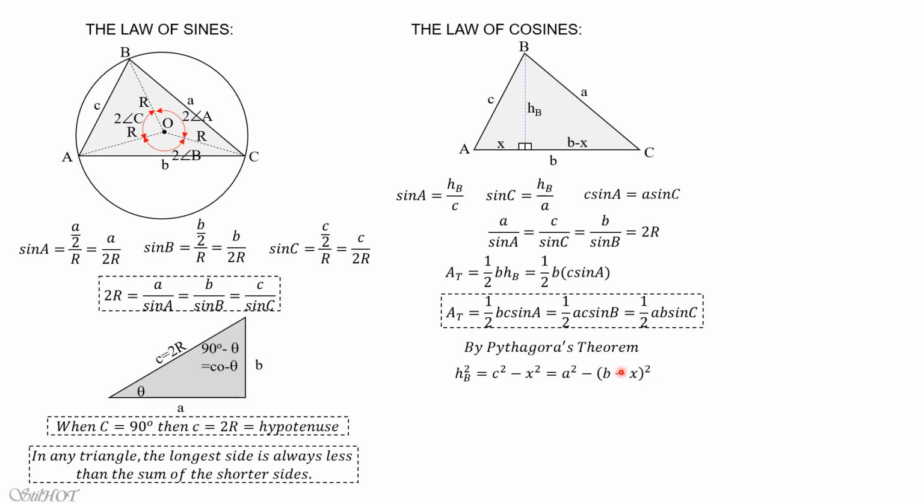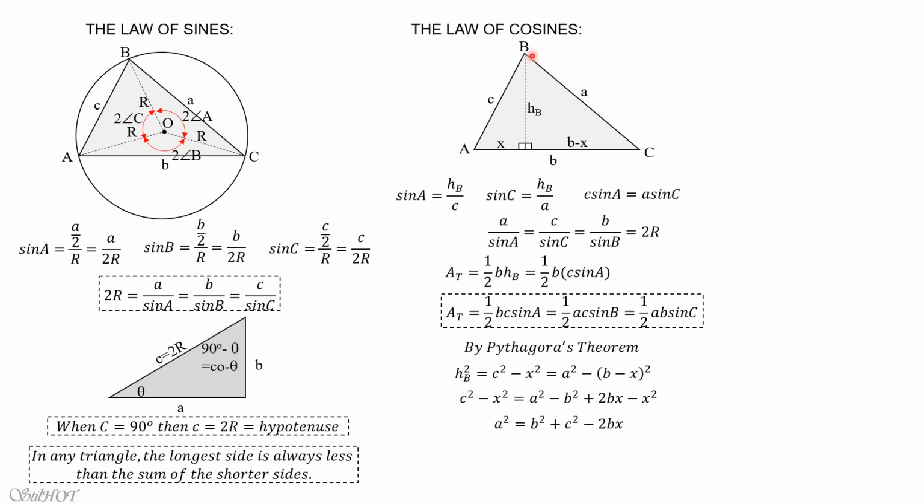When you distribute the negative sign, that becomes a squared minus b squared plus 2bx, then minus x squared. So c squared minus x squared equals a squared minus b squared plus 2bx minus x squared. We can cancel out x squared because they have the same signs. Then transposing negative b squared and 2bx, we say that a squared is equal to b squared plus c squared minus 2bx.